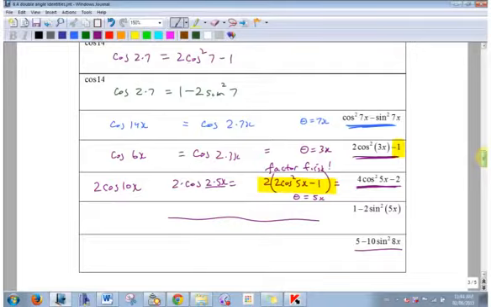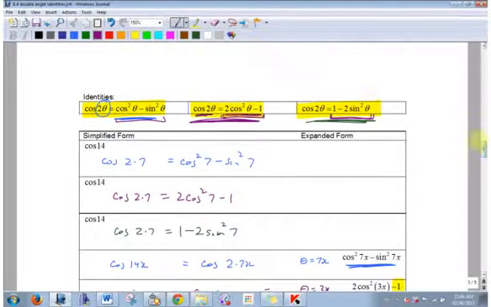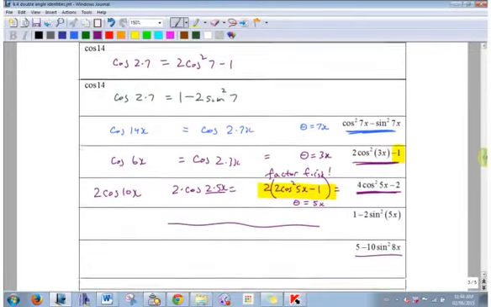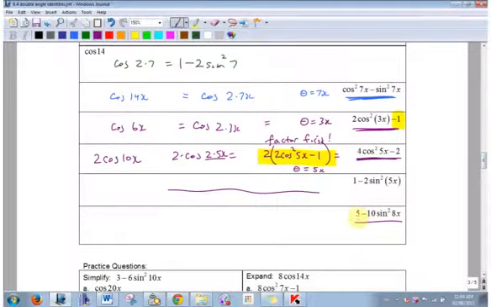5 minus 10 sine squared 8x. That's a 1 minus 2 sine squared theta. I don't see a 1 here anywhere. But if I factor a 5 out, I get a 1. Okay?